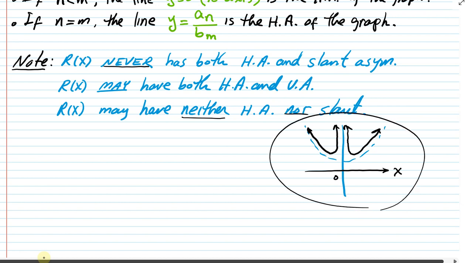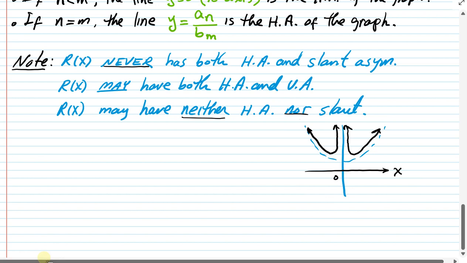And this is an example of a function that does not have a horizontal asymptote and it doesn't have a slant. Again, remember the slant, it has to be a line like this. So we don't have that. It looks like I have a parabolic asymptote for this one, right? This parabolic asymptote that you see here.